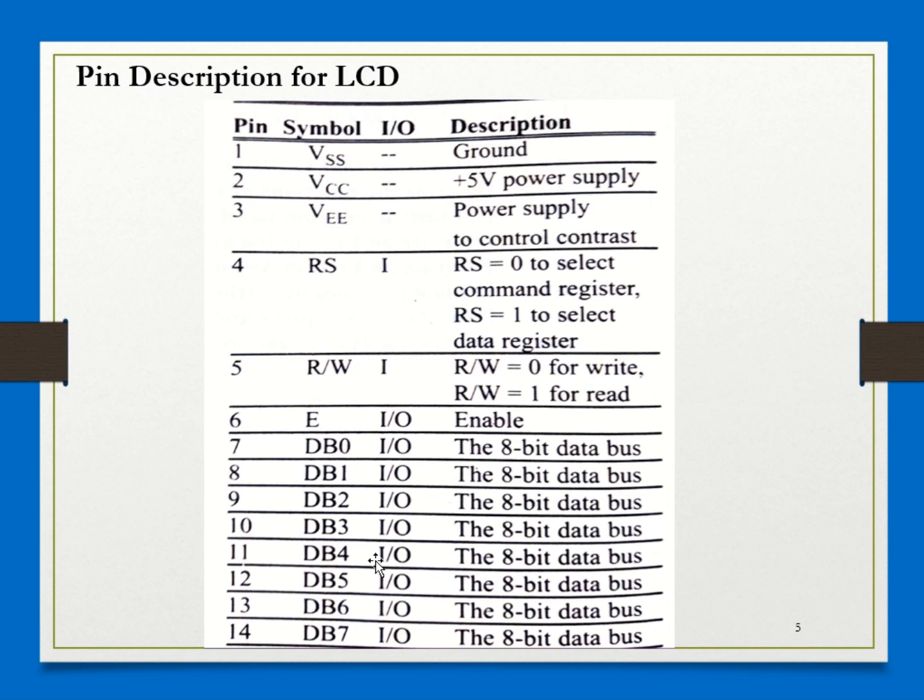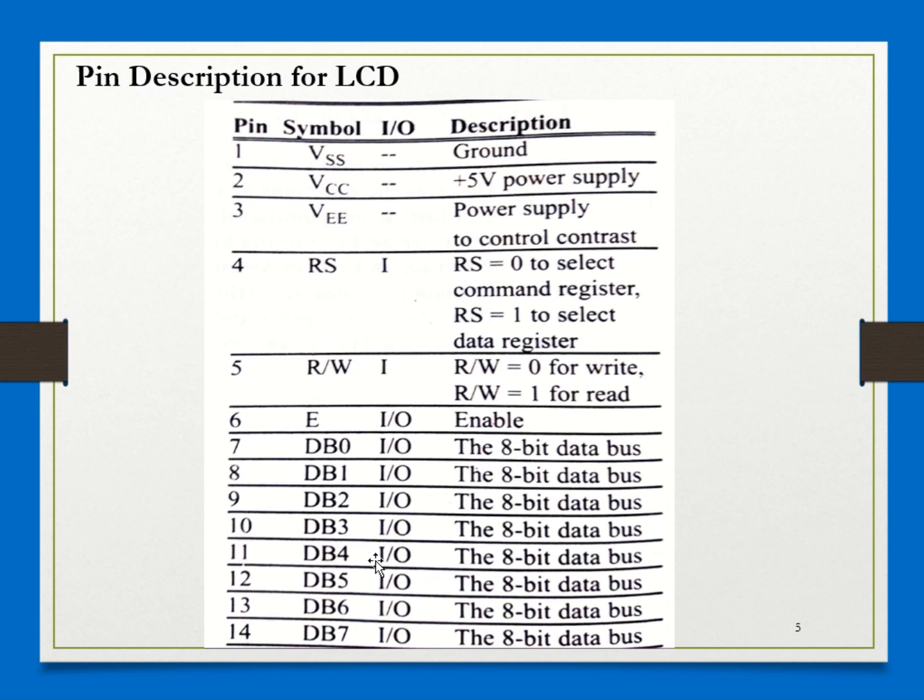One more thing we have to note here: whenever we send the information, first we have to check the busy flag. The busy flag is nothing but the D7 bit, DB7 here, where you can read the status of D7. D7 is the busy flag.